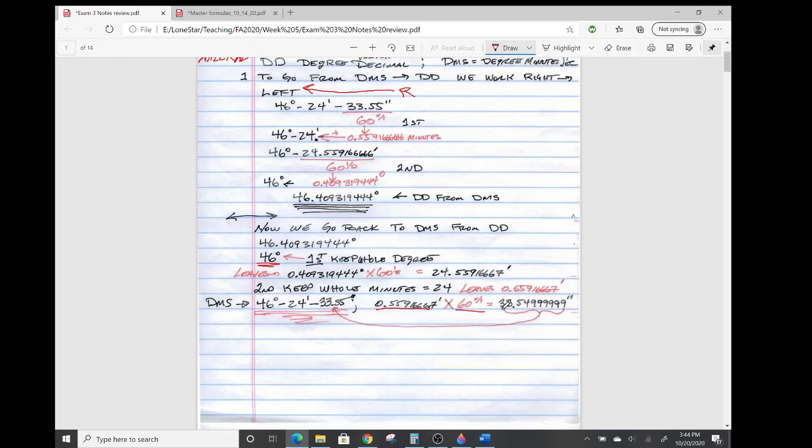And that's 33, and just round it to 2 decimal places, and you get 33.55. Okay, or you can use your calculator if it's got the magic button on it, or just make sure you do it right, or use an online formula.